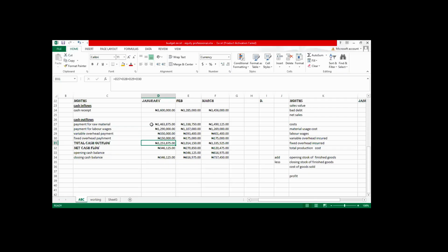If you want to get your total cash outflow, add raw material payments plus labor payments plus variable overhead payments plus fixed overhead payments. That will give you the total outflow. Compute for January, February, March.